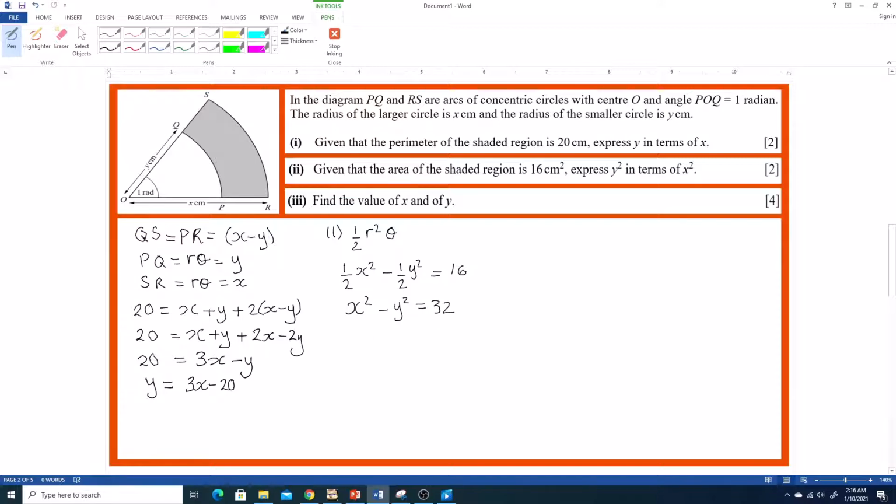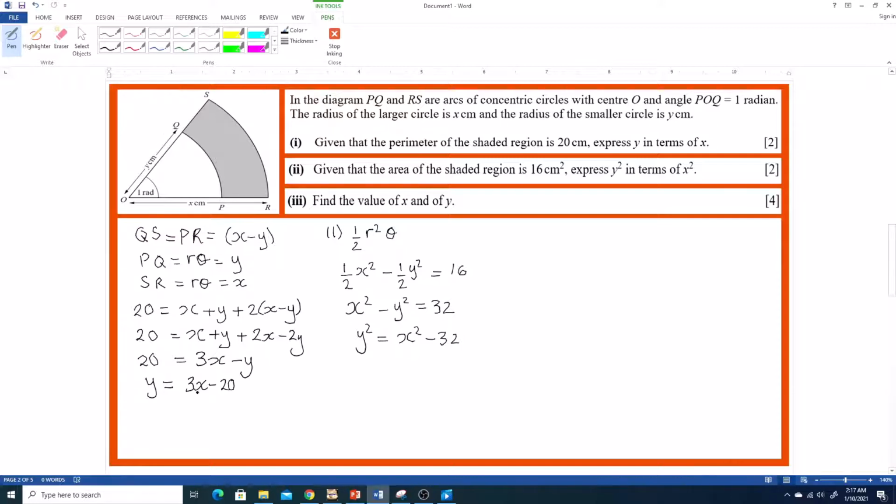And now you've been asked to give y squared in terms of x squared, so y squared is going to be equal to x squared minus 32, just by rearranging that.